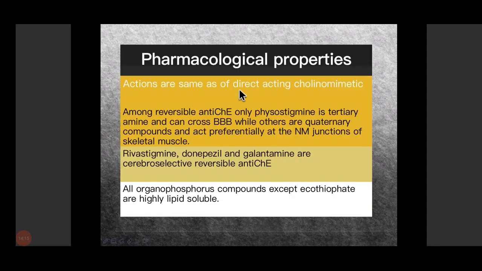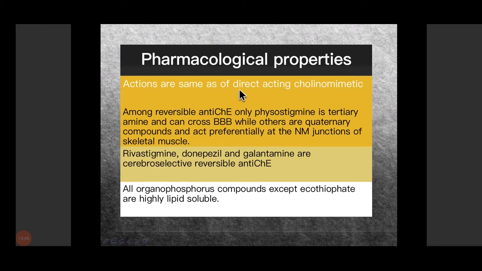Now, the pharmacological properties of cholinesterase inhibitors. What we have talked about till now is the classification of cholinesterase inhibitors, like reversible and irreversible, then carbamates and non-carbamates as reversible, then irreversible as organophosphorus compounds and some compounds related to organophosphorus compounds. Then we understood the concept of aging.